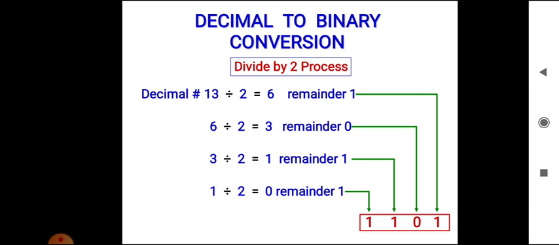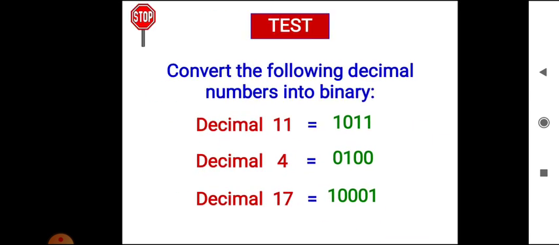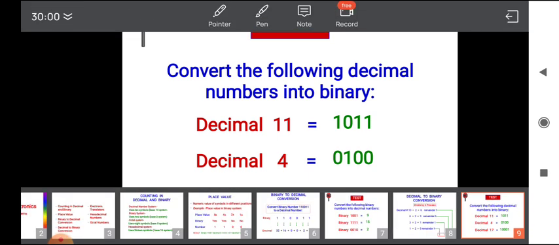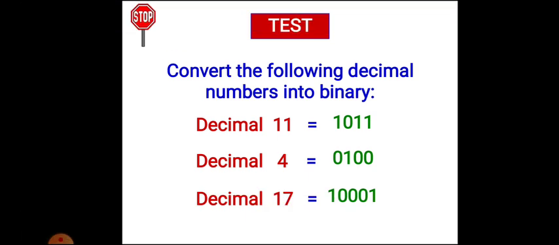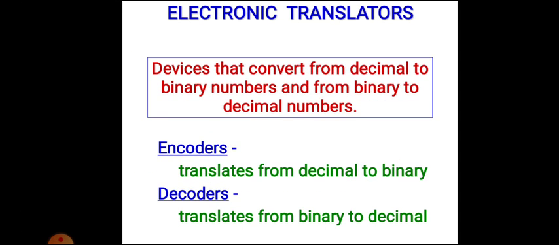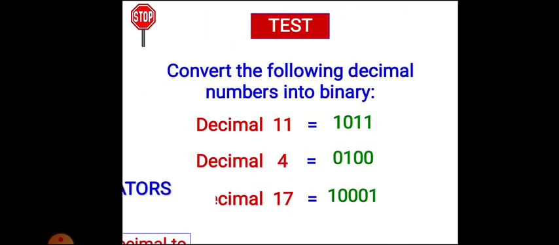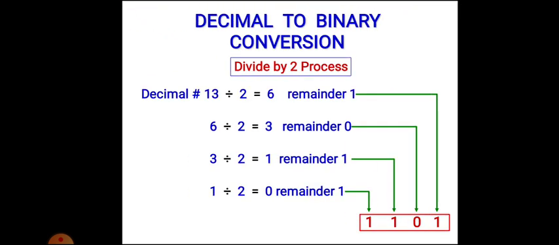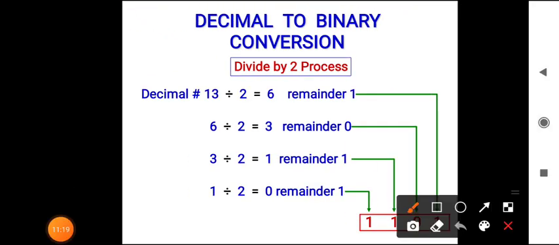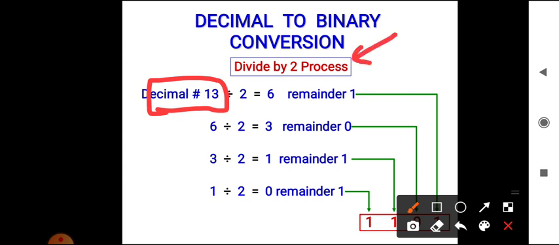Suppose the decimal number given here is 13. One second, I will show with the pen. So here 13 is a decimal number. First we have to divide every time by 2.